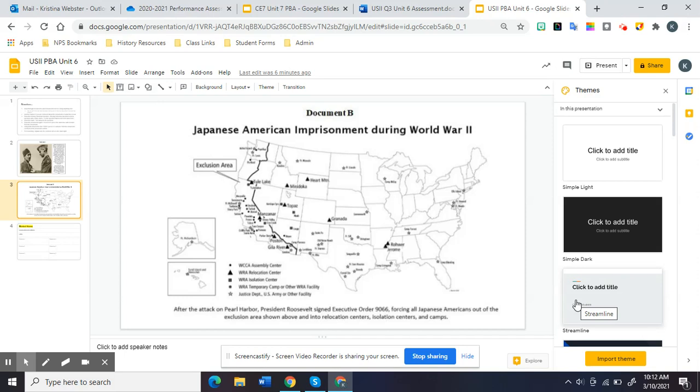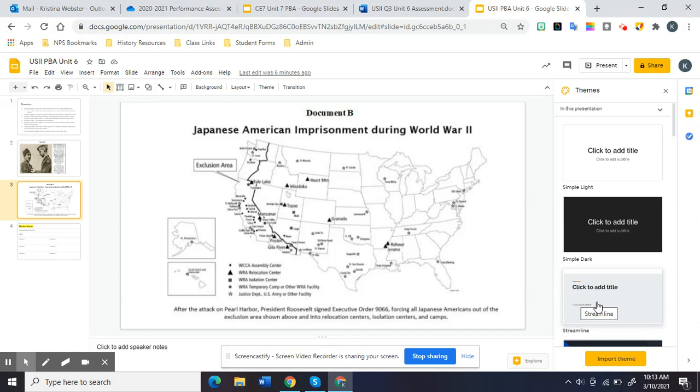The stars are Justice Department, U.S. Army, or other facility. The text reads, after the attack on Pearl Harbor, President Roosevelt signed Executive Order 9066, forcing all Japanese Americans out of the exclusion area shown above into relocation centers, isolation centers, and camps.